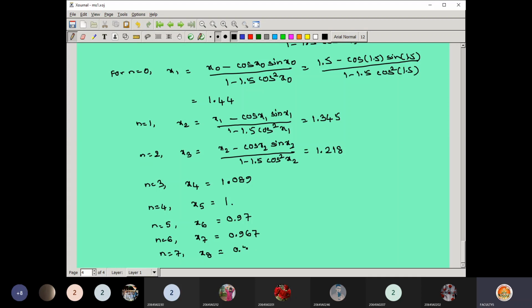I think the same answer will come, 0.967. Check once. So finally you are getting the answer, therefore x equal to 0.967.